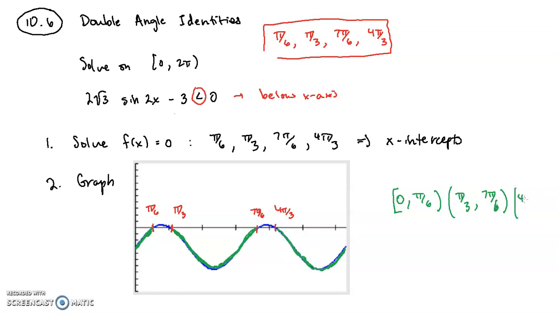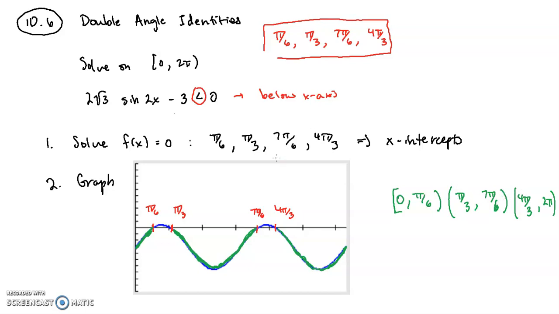So not included at 4 pi over 3. Now 2 pi would be included because we're strictly below, but it's not included here. So if your interval goes to 2 pi, it's never going to be included no matter what your inequality is. So 2 pi is always going to be a round bracket. Okay, so square bracket at 0, round bracket at everything else.